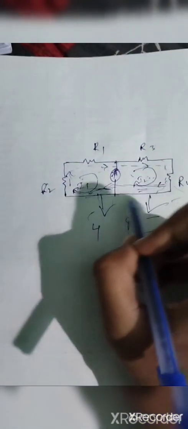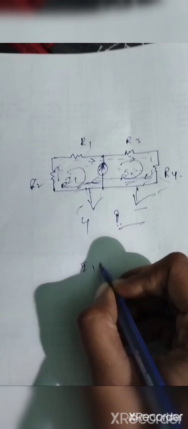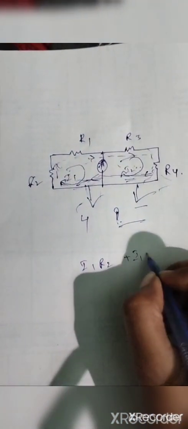So we can write KVL for this. How to write KVL? We can write KVL in I1 for loop 1 and loop 2, and in that way we can write it for the whole circuit. Writing KVL: I1 R2 plus I1 R1.